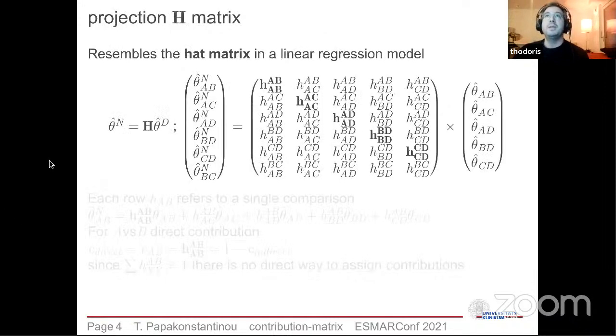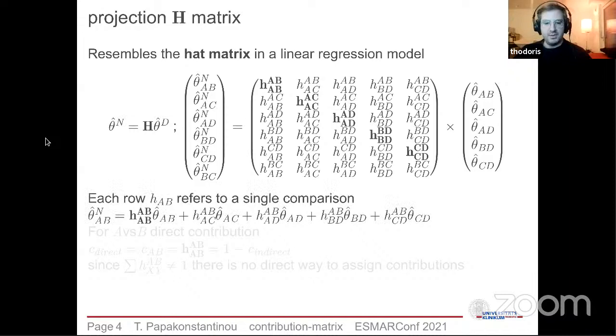So this is done through the H matrix. And this H matrix is calculated exclusively from the variances, and it resembles the hat matrix of a linear regression model. Each row of the H matrix refers to a single network effect, and each column to the respective direct effect. So for the A versus B comparison, we're interested in the first row here.